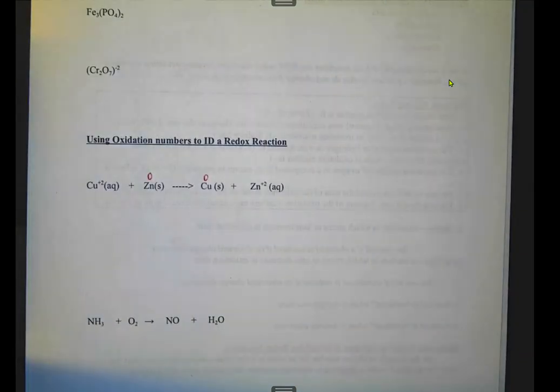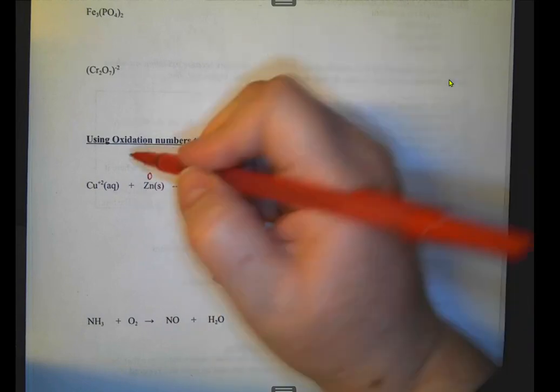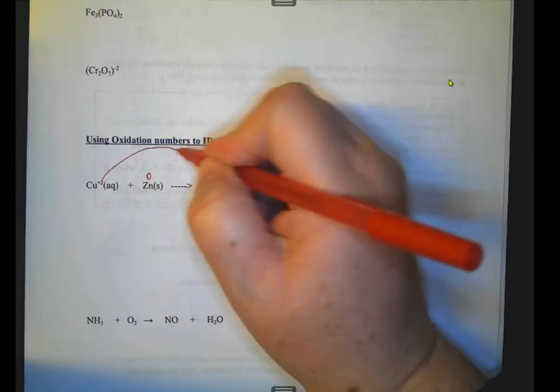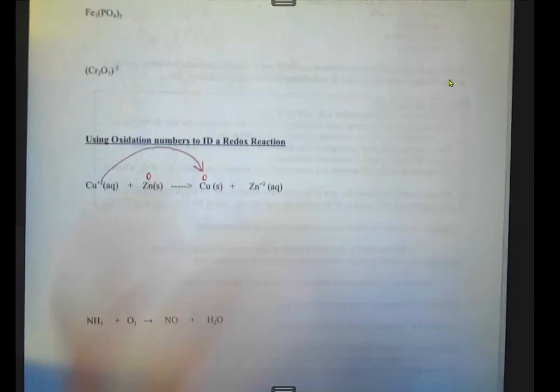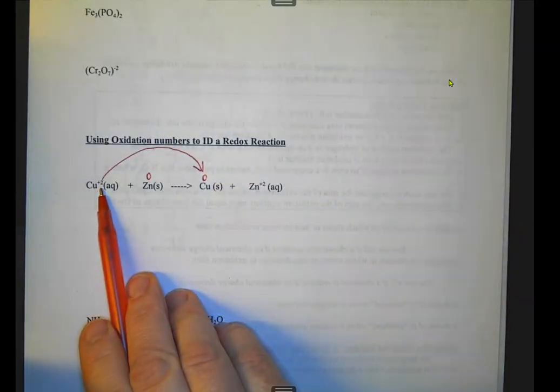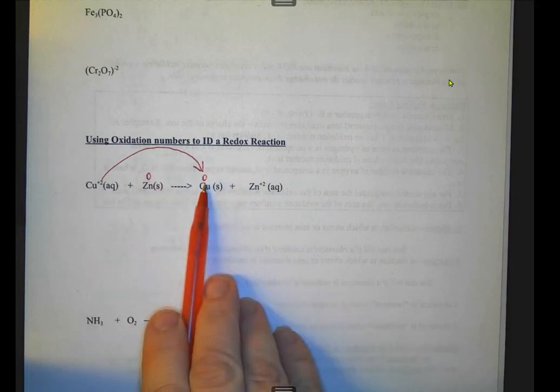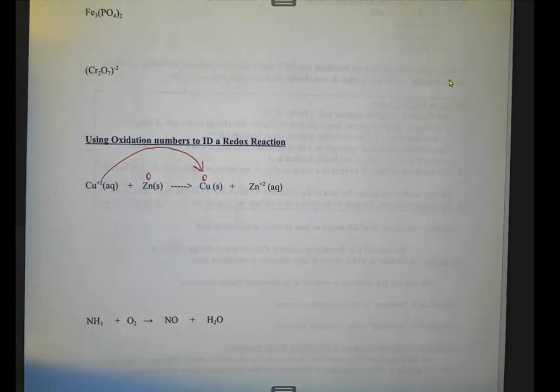So if I want to map this particular reaction, if I look at how the oxidation number changed from the reactant side to the product side, I started off with a positive 2 charge on the copper, and I ended up with a 0 oxidation value. If you think about what the positive and negative signs mean, you may recollect that if something has a positive charge, it has fewer electrons than it's supposed to have.